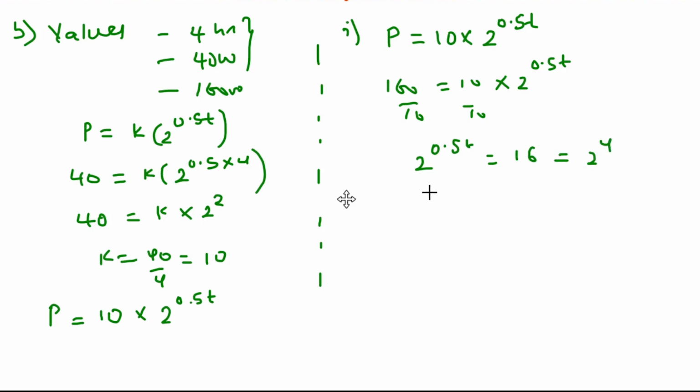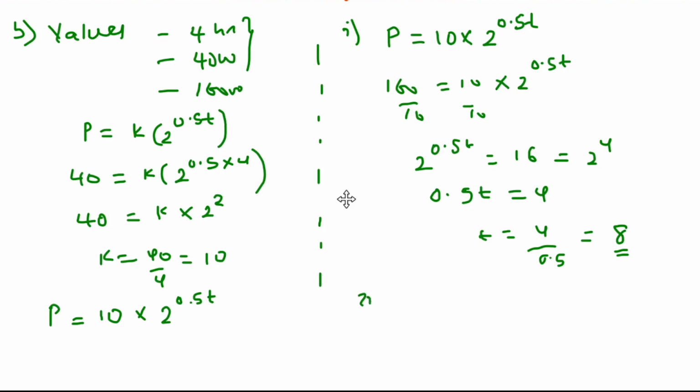We are now applying our indices here. So when we compare the powers, 0.5t equals 4, and t will be equal to 4 divided by 0.5, which is equal to 8. So we conclude that the 160 watts will be consumed in 8 hours.